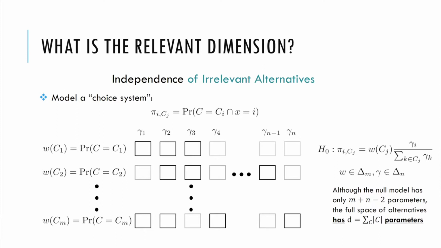It's linear in the number of parameters, but important is that the full space of parameters comes from all of the elements here. It's the sum of the cardinalities of every subset in consideration. The more subsets that you consider, the harder this problem gets because there are more ways to deviate from IIA and more things to study.